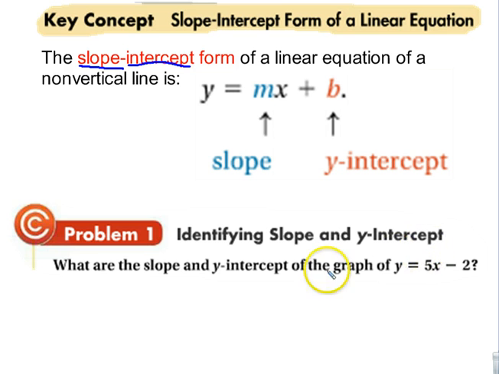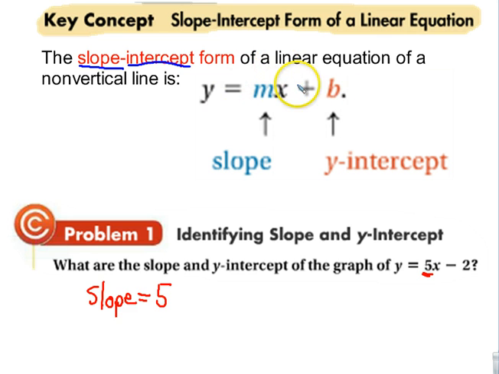Identifying slope and y-intercept. What are the slope and y-intercept of the graph of this? Okay, so in our depiction up here, the number in front of x is the m. So the m should be equal to 5. So the slope equals 5. Okay.